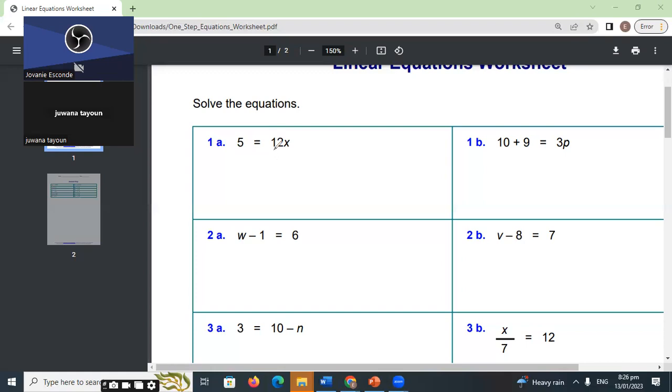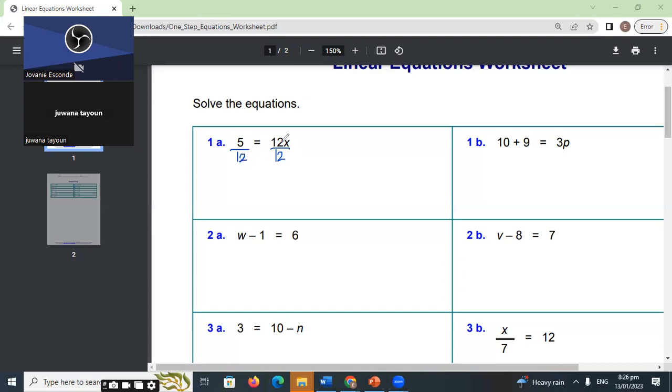Division. So we have to divide this by 12. Since you divide this side by 12, you have to divide also the other side by 12. Always remember that.